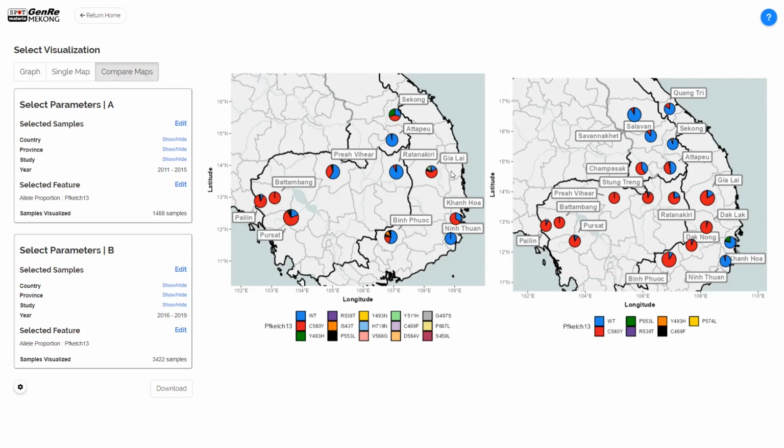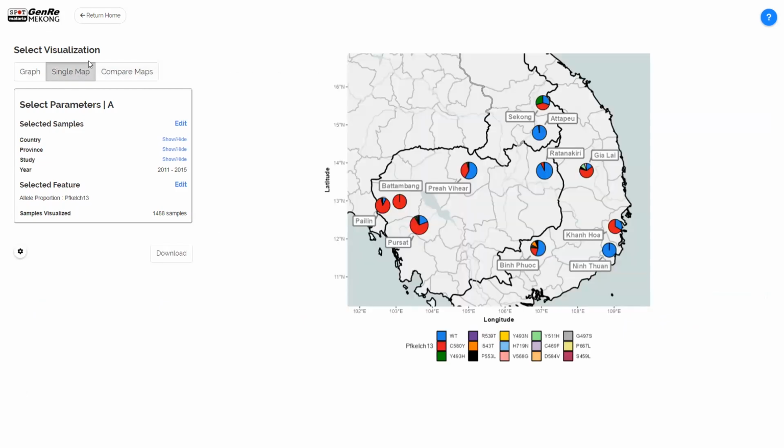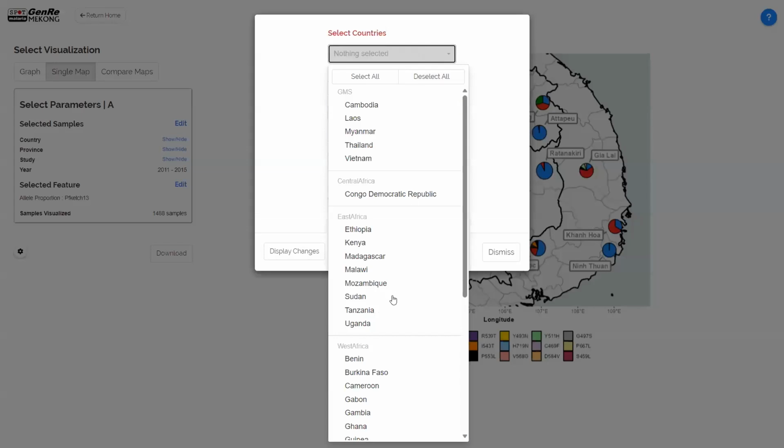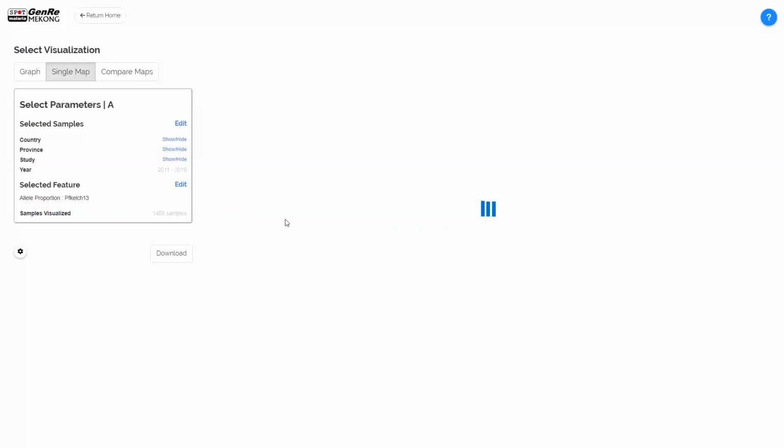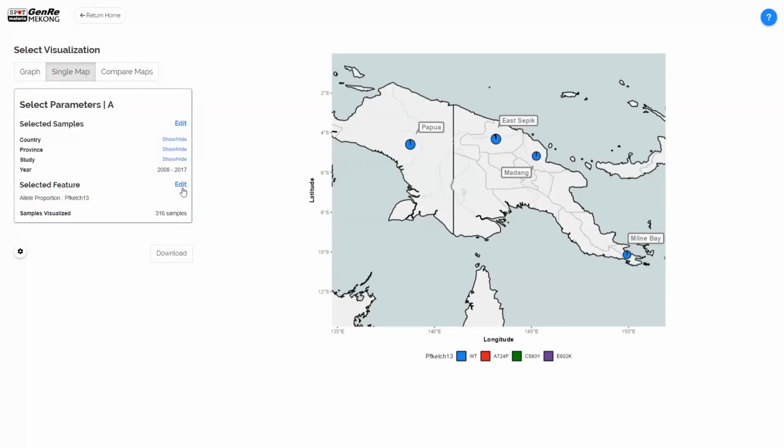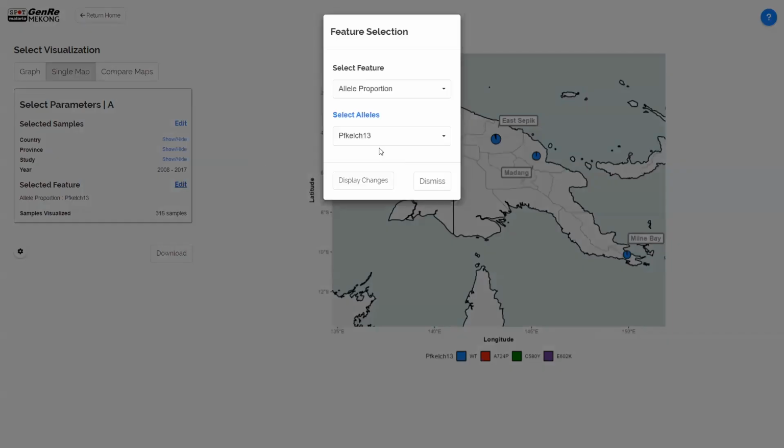All right, so let's look at a couple different countries now. Let's look at Indonesia and Papua New Guinea. So let's return the single map and let's select Indonesia and Papua New Guinea. Now, say we were interested in sulfadoxine resistance.